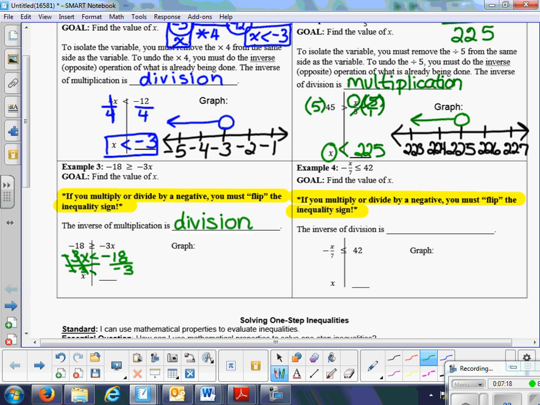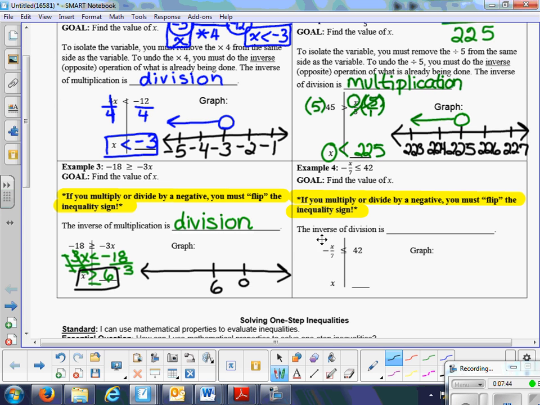I need to flip my inequality sign, so it is now greater than or equal to. And negative 18 divided by negative 3 is going to give me a value of positive 6. That means the solution for this inequality is going to be x is greater than or equal to positive 6.